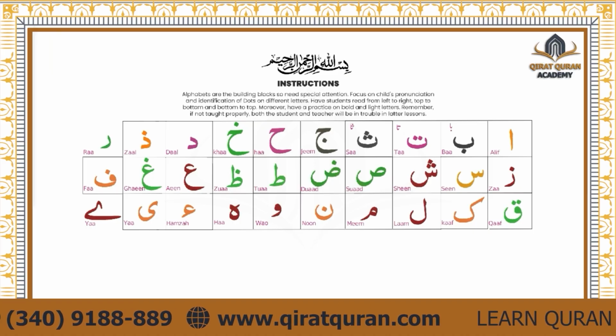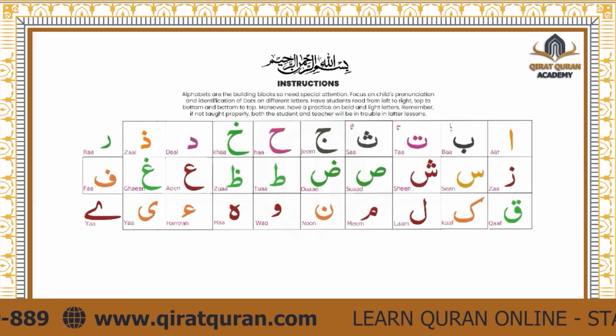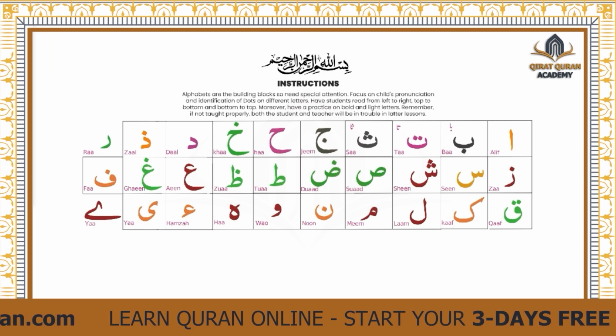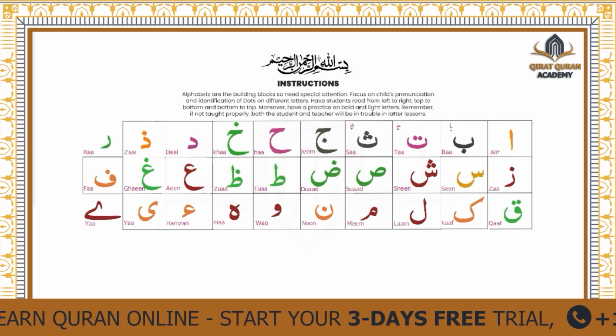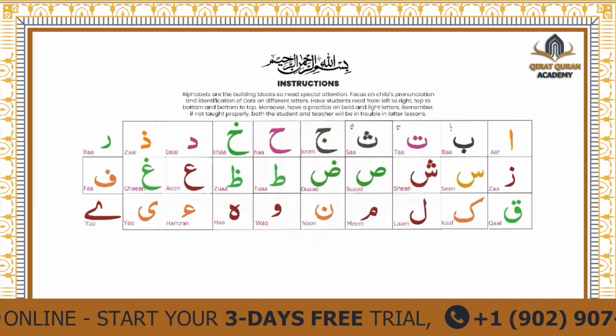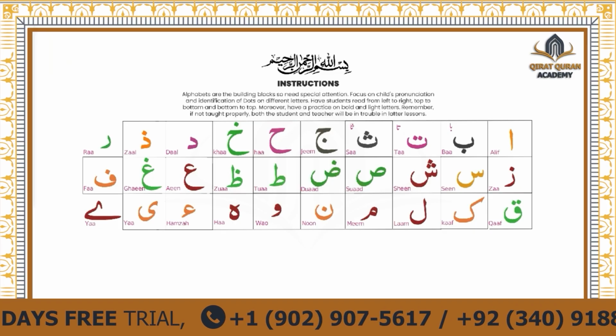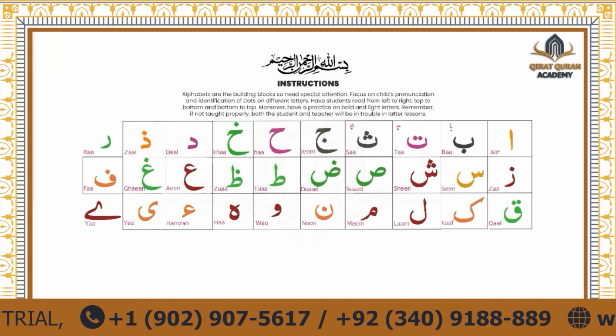So there are some important things that I told you in the previous lessons, that when we see any letter in the green color, it means we have to make them bold. So in total we have 8 letters which are bold letters.